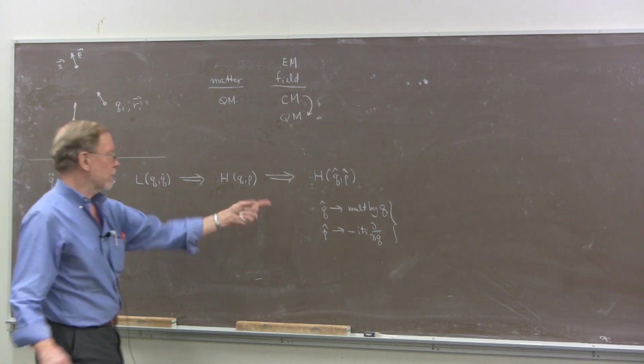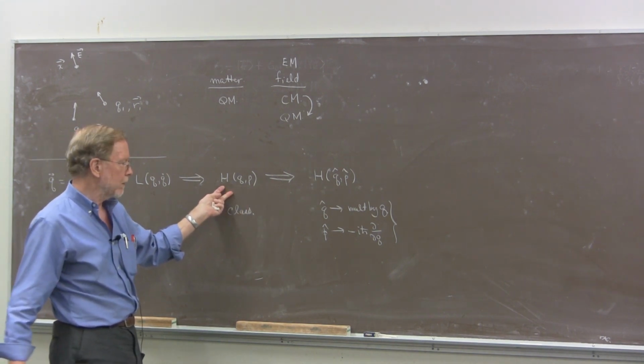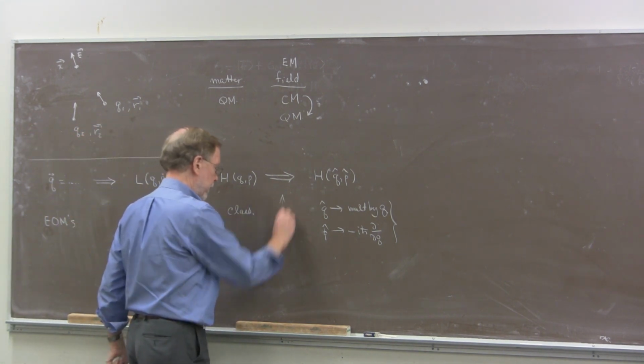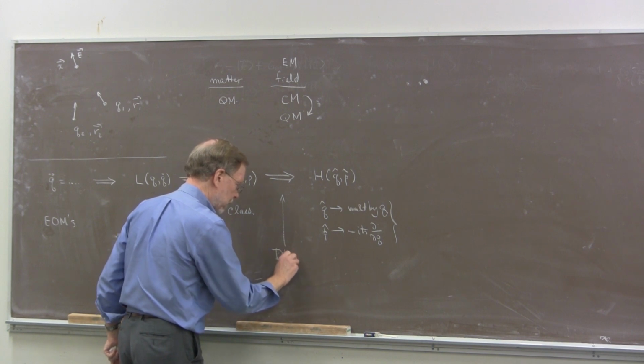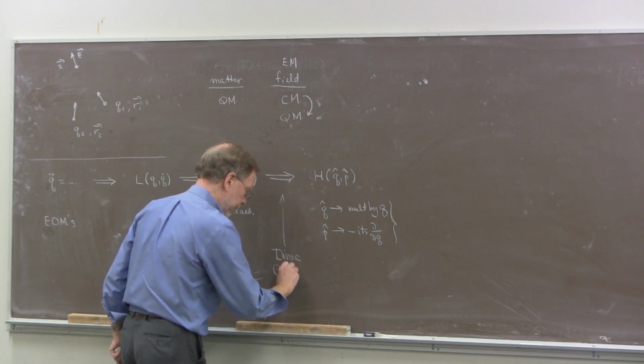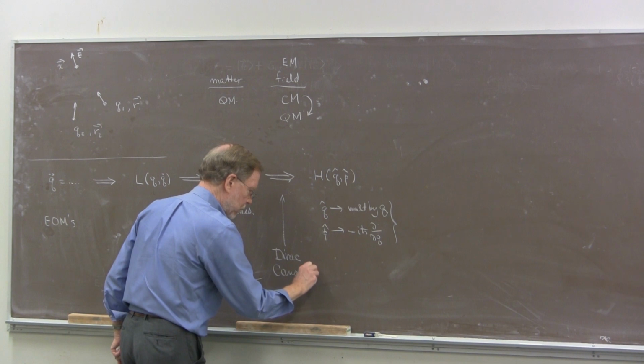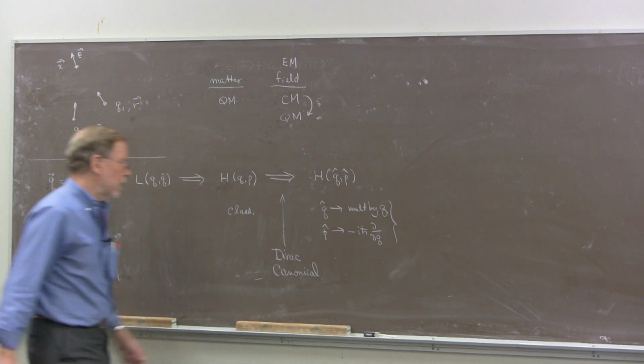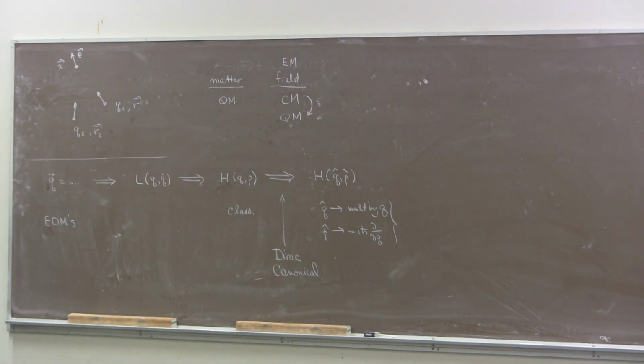This is a simple method of quantization. Once you have a classical Hamiltonian, it comes under the name of Dirac, or sometimes called canonical quantization. And it is the simplest one that there is. It's inadequate for more sophisticated problems, but it'll work for what we want to do.